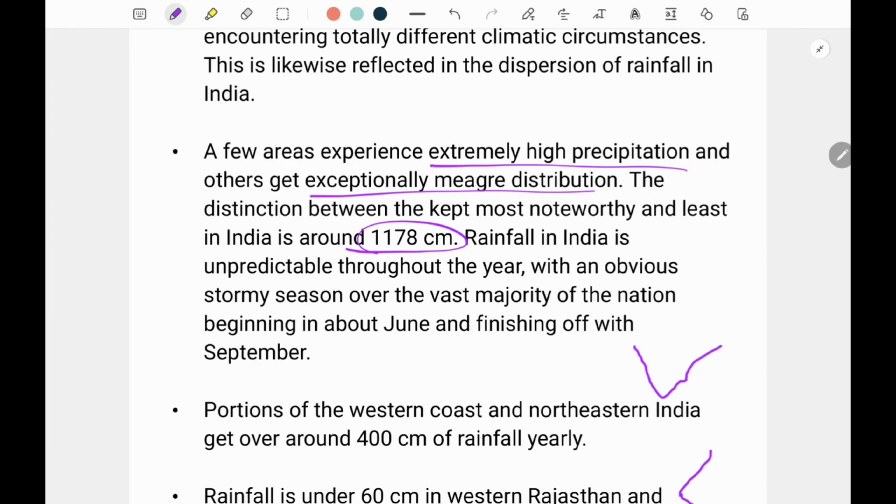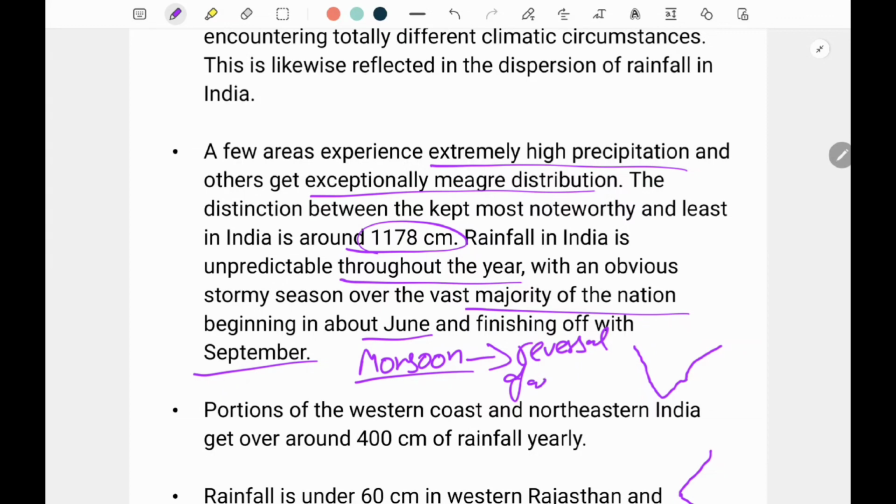Rainfall in India is unpredictable throughout the year, with an obvious stormy season over the vast majority of the nation beginning in about June and finishing in September. As you clearly know, India comes under the monsoon type of climate, and monsoon basically means reversal of wind.